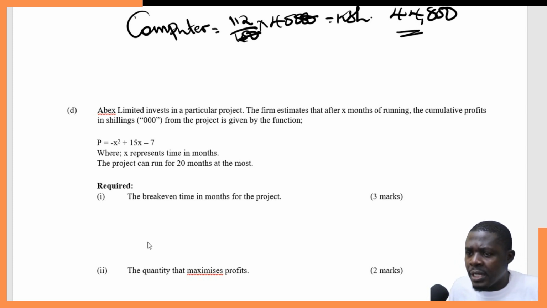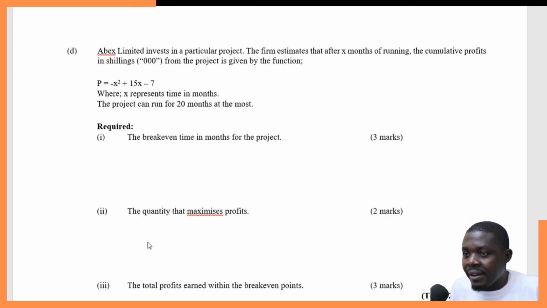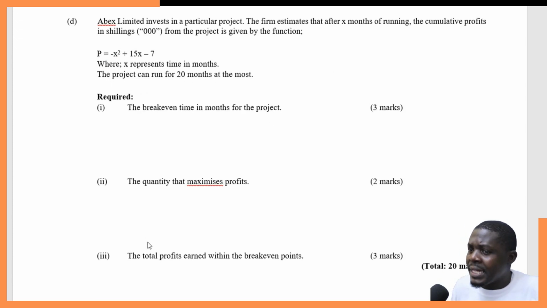P is equal to negative x squared plus 15x minus 7, where x represents the time in months. The project can run for 20 months at the most. Calculate the break-even point in time, in months, for the project.